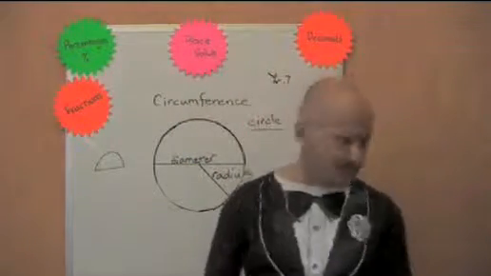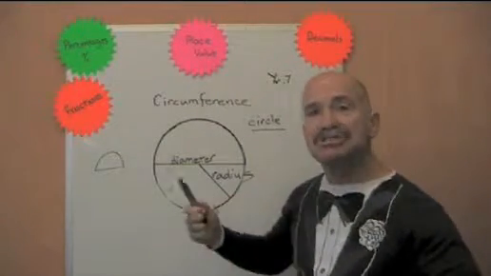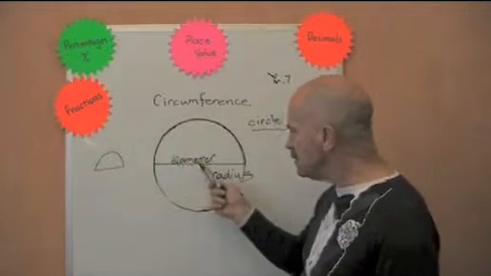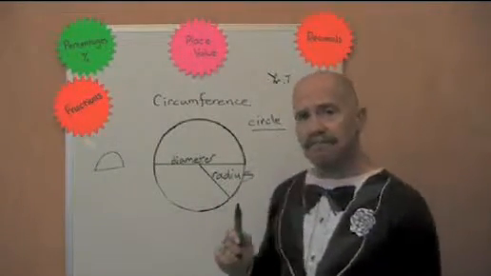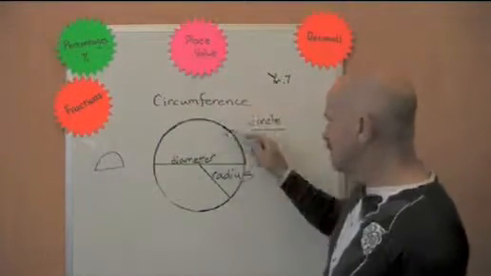D-I-A-M-E-T-E-R. Diameter. So the diameter actually is 2 radii, or radiuses, because there's one that side and there's one going out there. The radius could be anything, going all that way around.